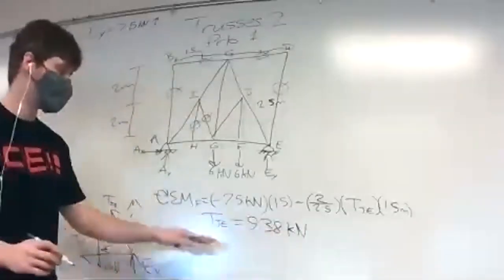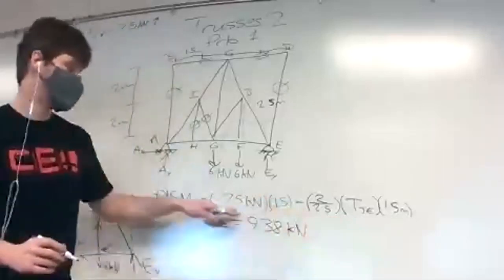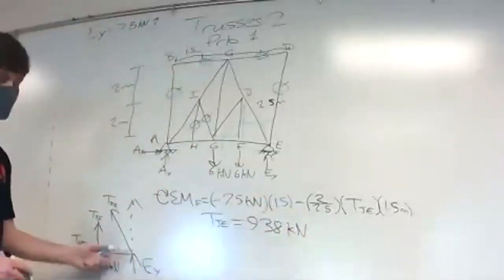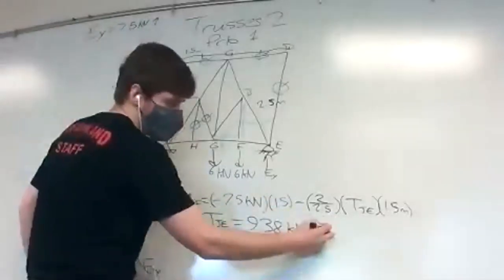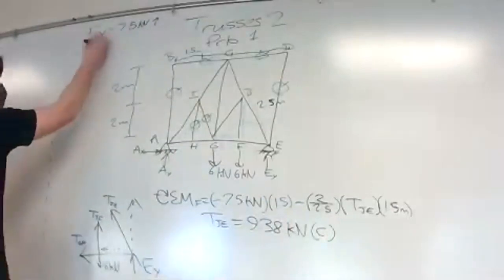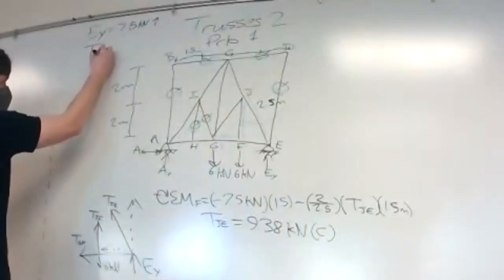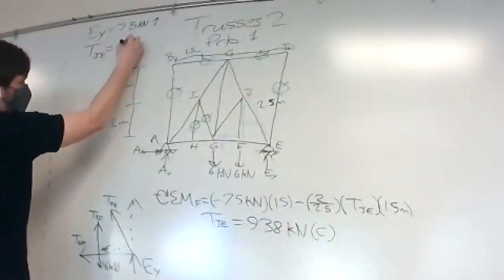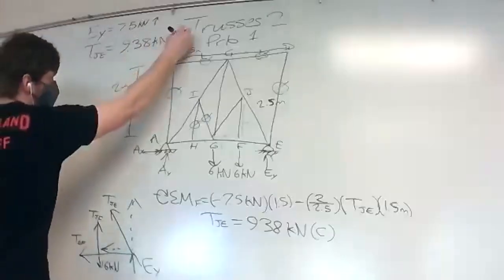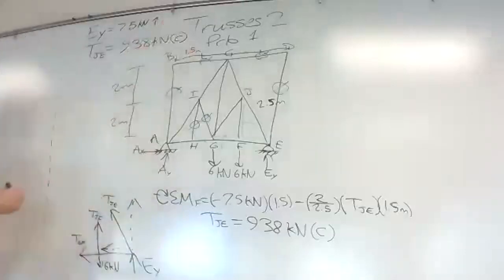And this comes out to be a negative value, because when we move this over, this side is still going to be negative. So our assumed tension is backwards, and we will say compression. So we found our first piece, TJE is equal to 9.38 kilonewtons in compression.